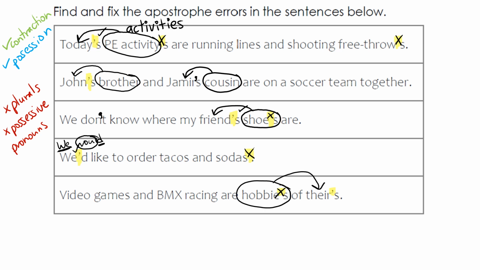This is another one of those possessive pronouns, just like his, hers, theirs, ours. So for those ones, we don't use an apostrophe. Theirs, hobbies of theirs, just by itself. It does not get an apostrophe.